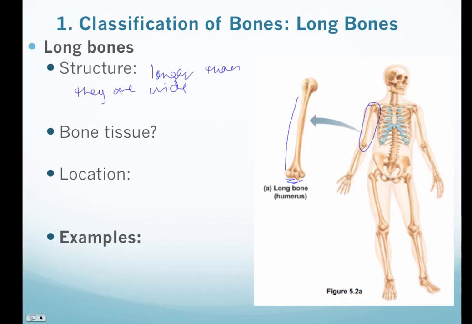Bone tissue, what are they composed of? They are composed of both compact and spongy, depending on whether we're talking about this long part or the ends of the long part of the bones. Location, where are they found? Mostly the bones of the limbs, so comprising the majority of our appendicular skeleton.